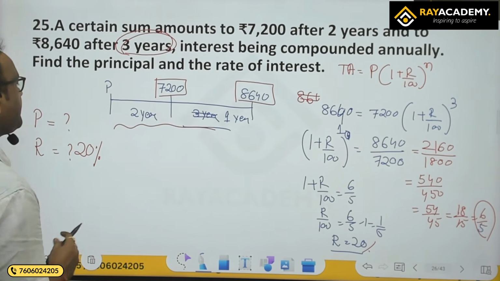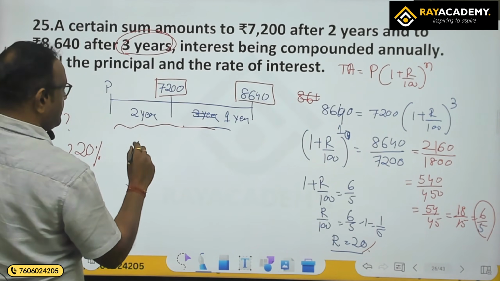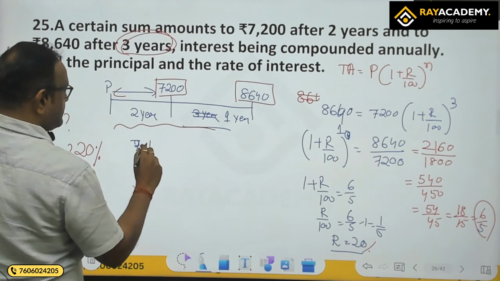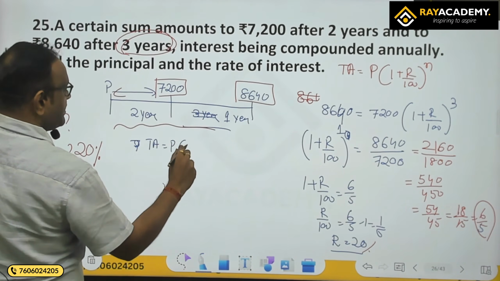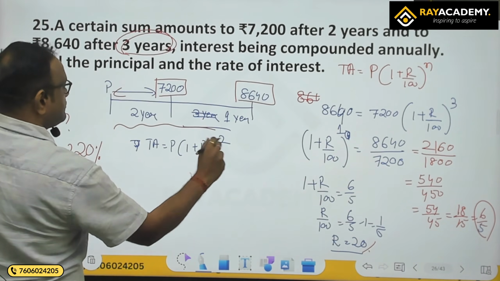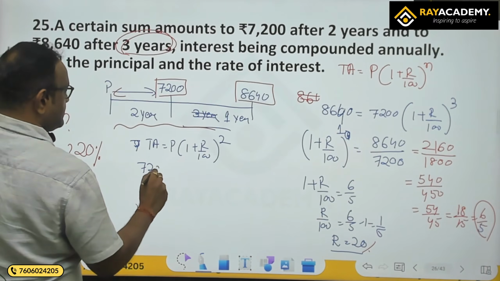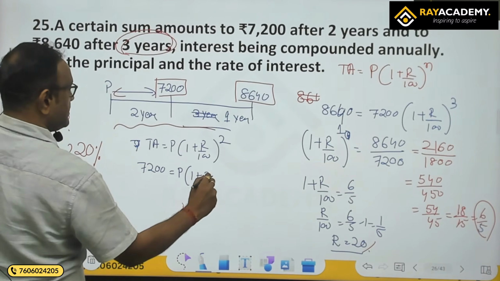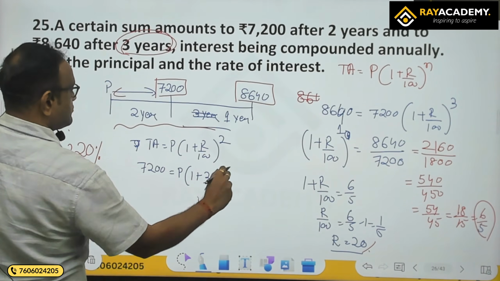Okay. Now what is P? Again you can put the formula for these 2 years. Total amount is P multiplied with 1 plus R by 100 to the power 2. So 7200 equals P multiplied with 1 plus 20 by 100 squared.